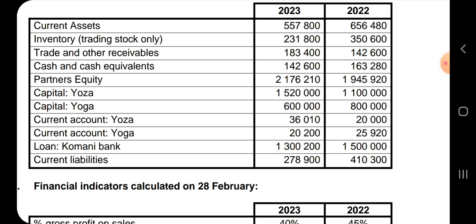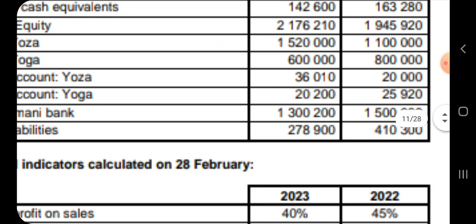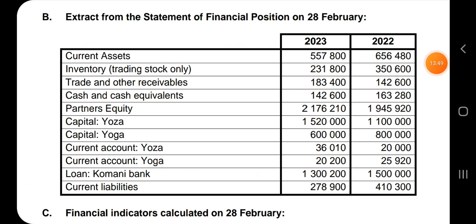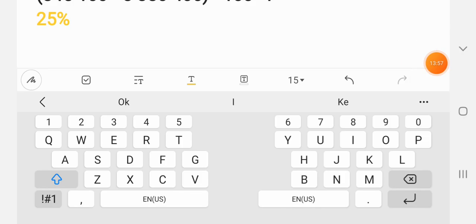We will take that and minus inventory, which is 231,800 rand. And then we have current liabilities at the bottom there, which is 287,900. Remember, with acid test, you look at things from the statement of financial position.